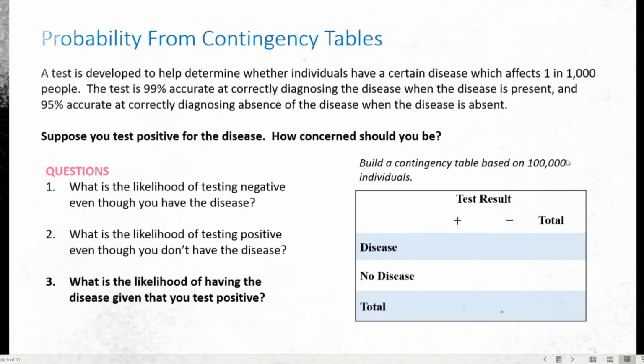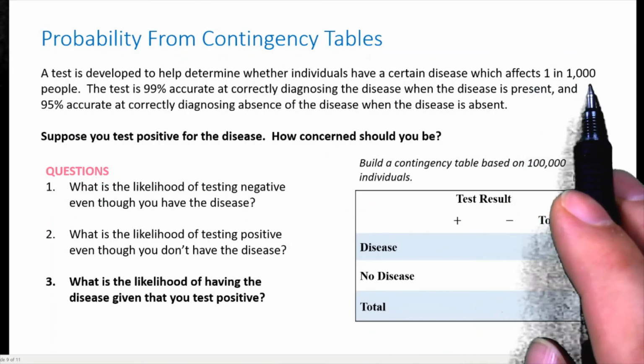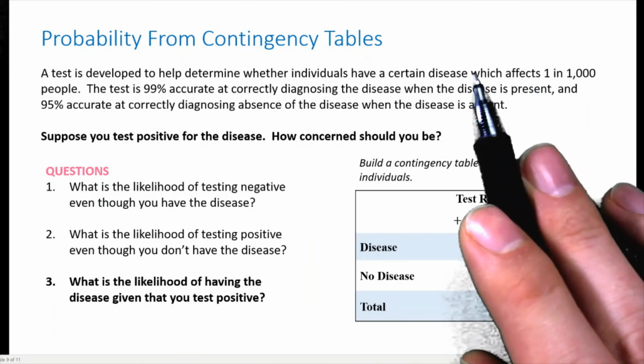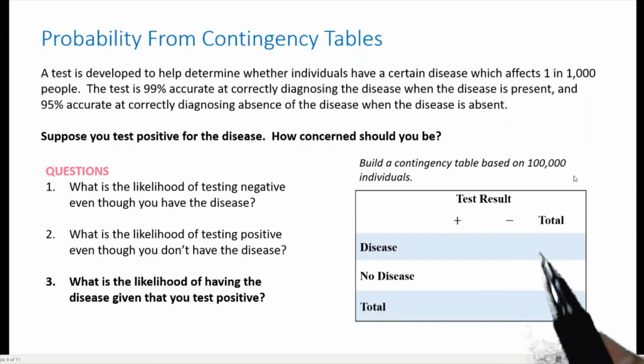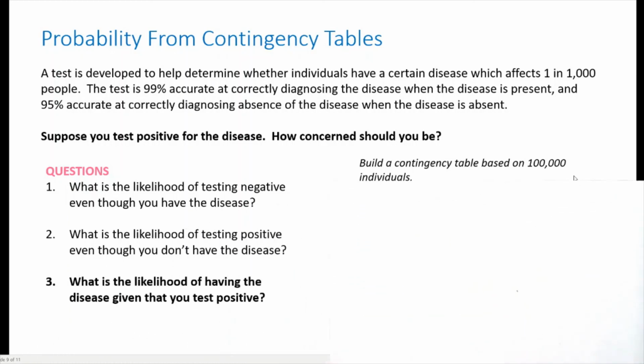So if we have 100,000 people, and 1 in 1,000 of them are infected with the disease, we can fill in these totals here, okay? So I think I'm going to have to redraw this table over here.